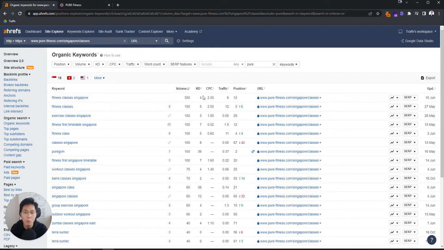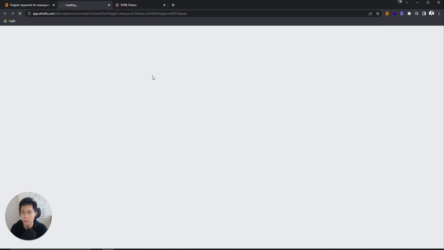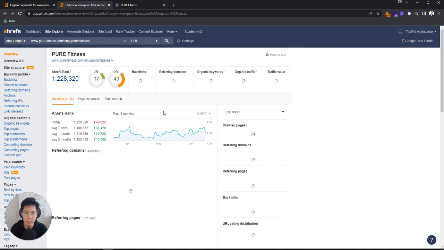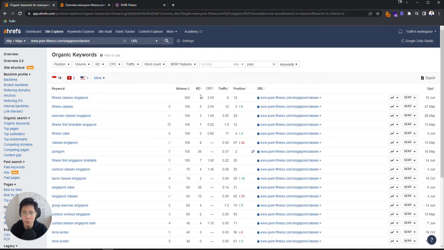The reason why is because of the domain authority. Let's see where the domain authority is at. The site authority is at 43. So if this keyword difficulty is at 70 or 80, even though this has higher search volume, I might consider looking at these two different keywords instead.